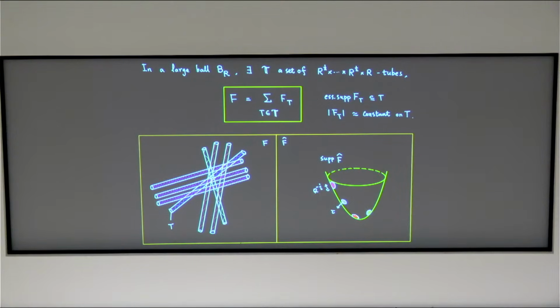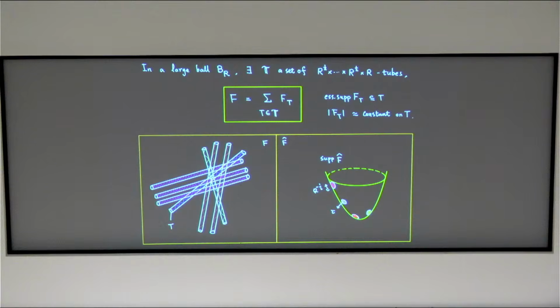So here, I don't know if you can see the color, but the Fourier transform of f is supported on the paraboloid, and we can decompose the paraboloid into small caps of radius R^(-1/2). The reason is because suppose we only care about the function on the large ball of radius R, then each of those small caps will correspond to those tubes.